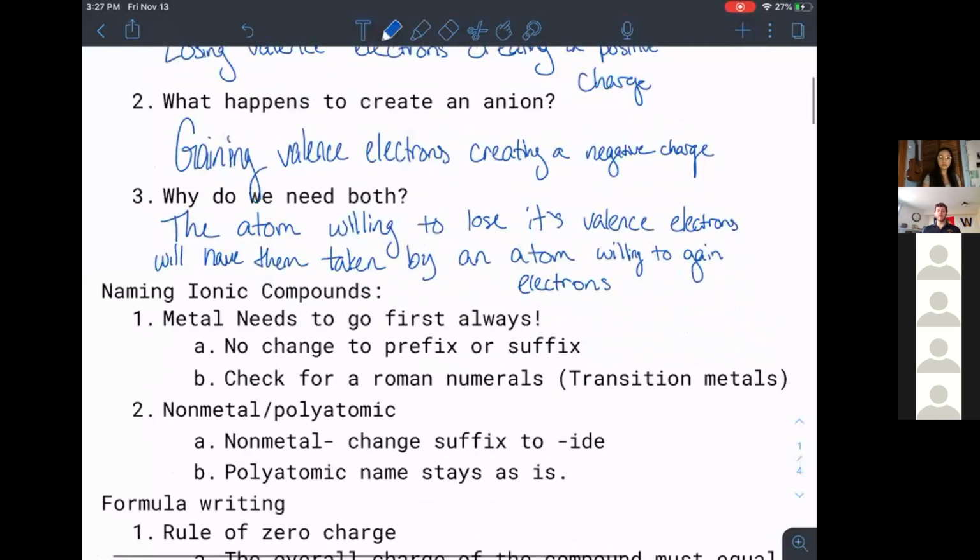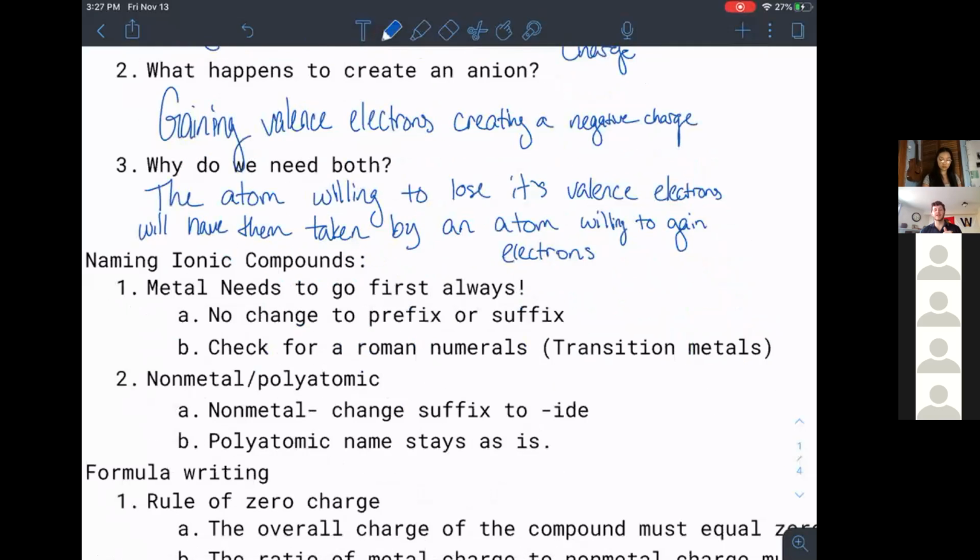The big thing to remember here is that nothing is going to change. Nothing is going to be added to the front of our metal's name. It will always just be the metal's name. So if I have aluminum, it will never be aluminide. It's always aluminum. It's never going to have a prefix in front of it. Sodium will never have anything change in its name. Magnesium's name will never change.